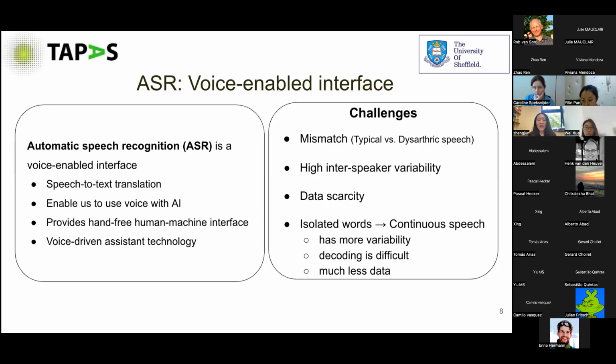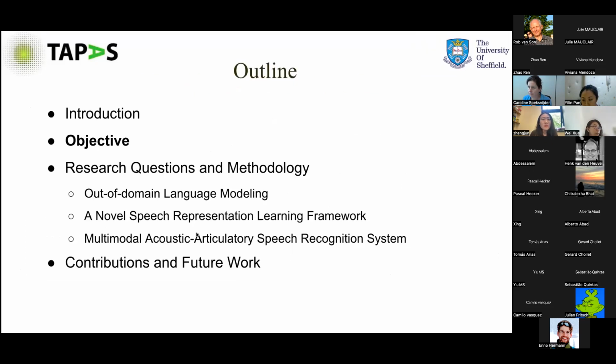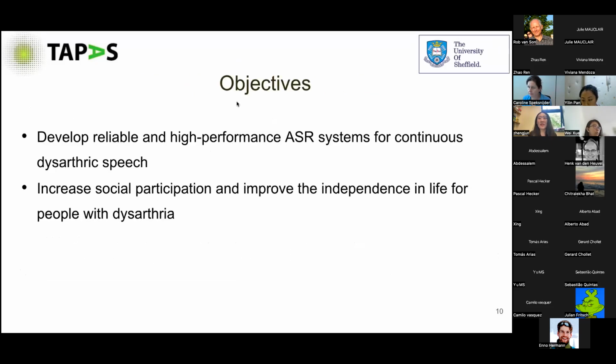And finally, compared with isolated words, there is much less continuous dysarthric speech data available, which is insufficient to train an adequate model applicable to continuous dysarthric speech. And this is the objective of my project.